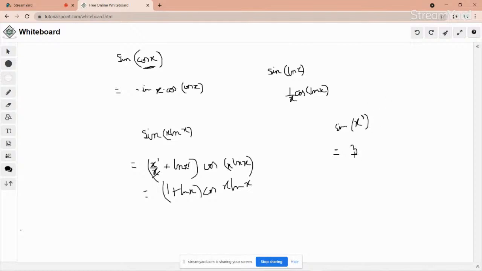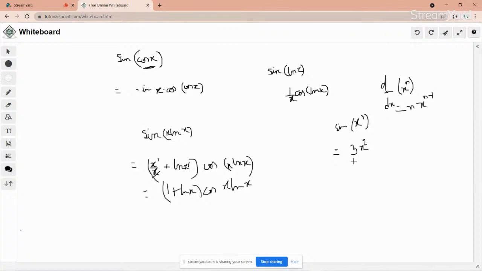It will be 3x square, as we have seen for the rule that d/dx of x to the power n is equal to n x to the power n minus 1.